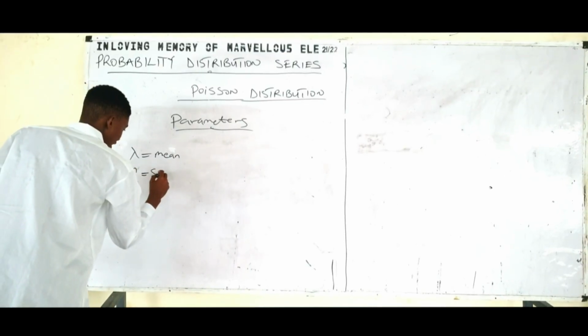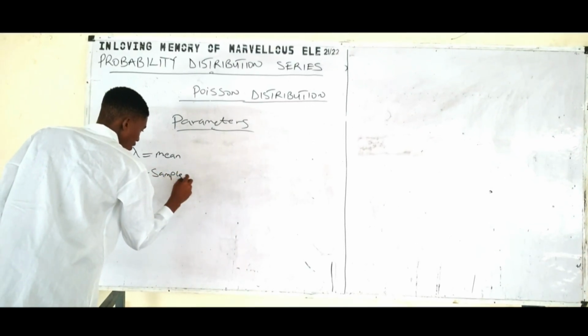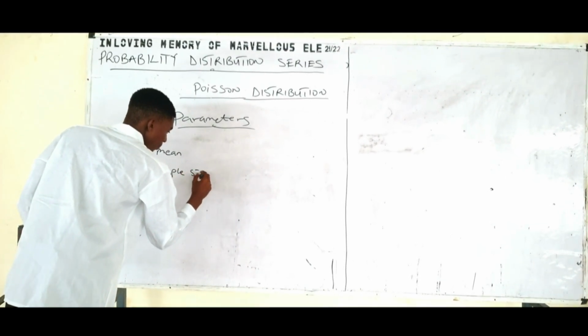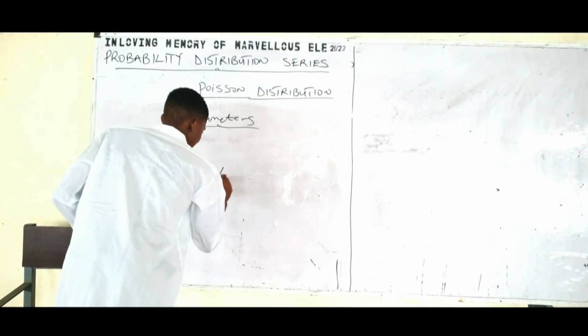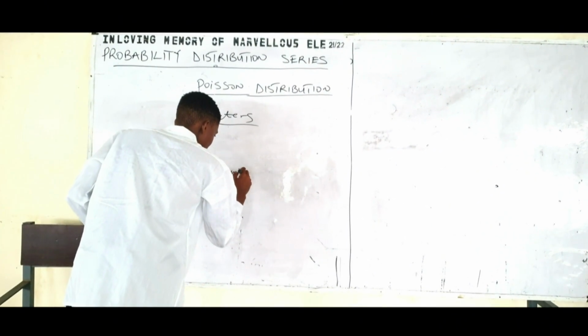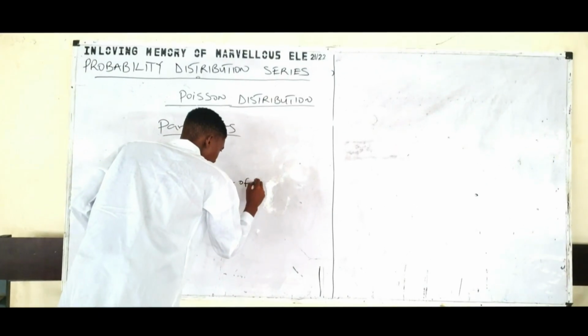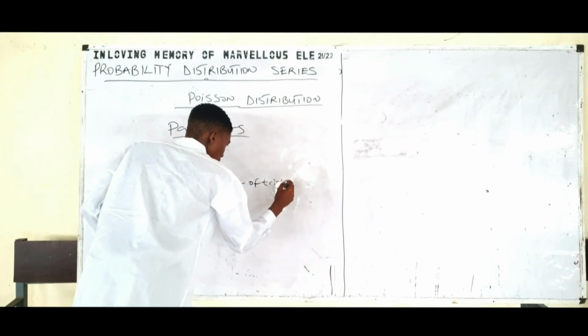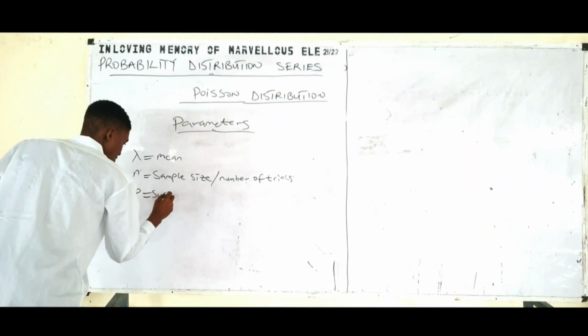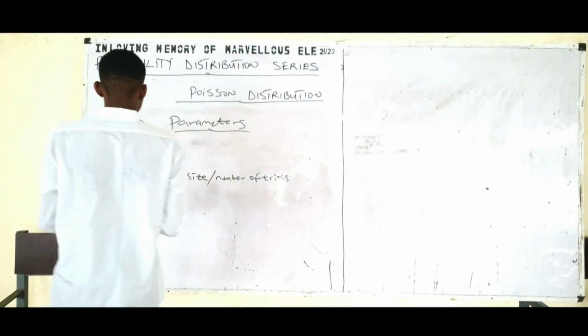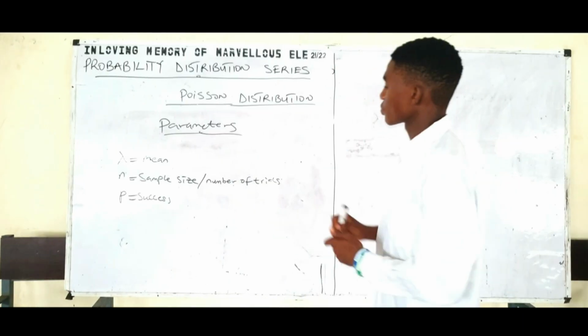A, which stands for the sample size, or better to use for Poisson distribution, let's call it the number of trials. And B, which stands for success. These are the three major parameters of Poisson distribution.